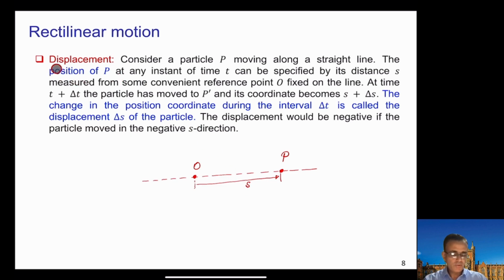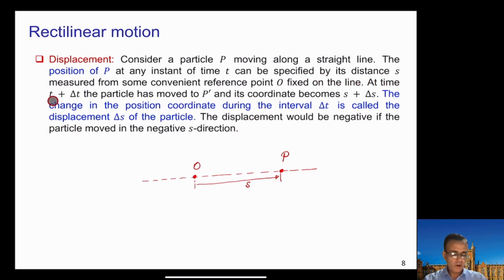So if you read this statement: consider a particle P moving along a straight line, which is this particle, moving along this line here. Now the position of P at any instant of time t can be specified by its distance S measured from some convenient reference point O fixed on the line.